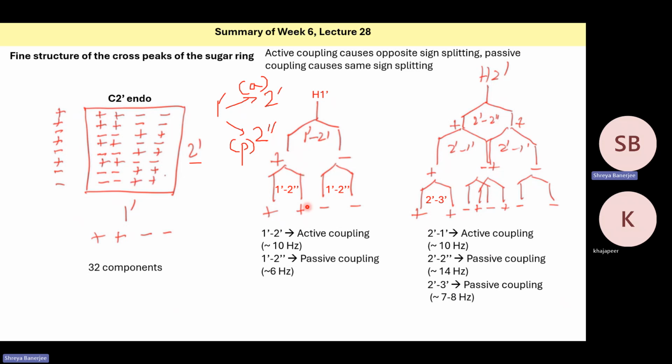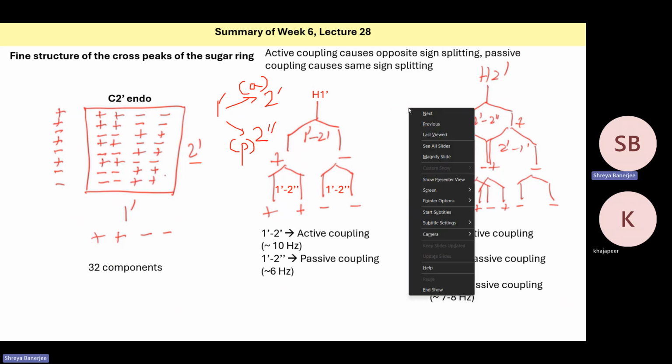But now, because the second splitting is smaller, it is only 6 Hertz, the components do not cross each other. And because it is passive splitting, plus remains as plus and minus also splits into minus. So now the 1 prime component is plus plus minus minus. That is what is written here, plus plus minus minus.